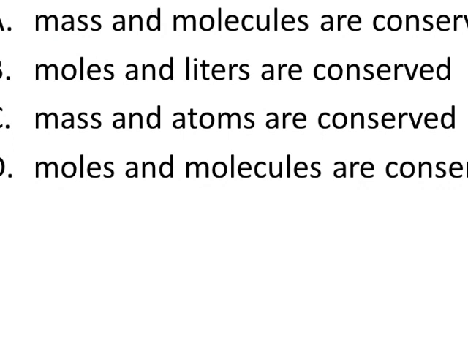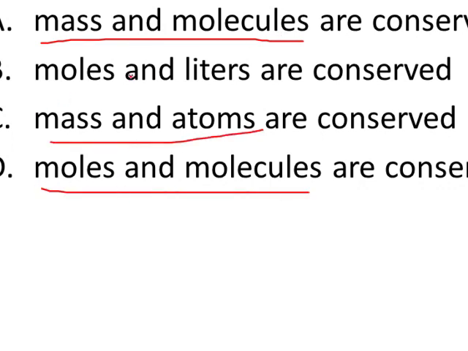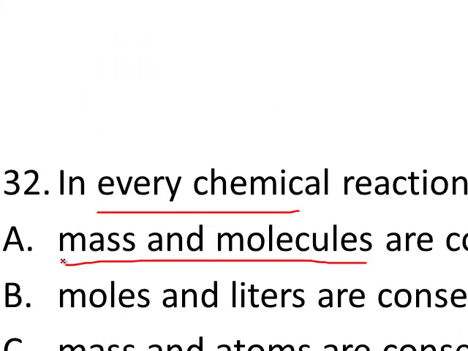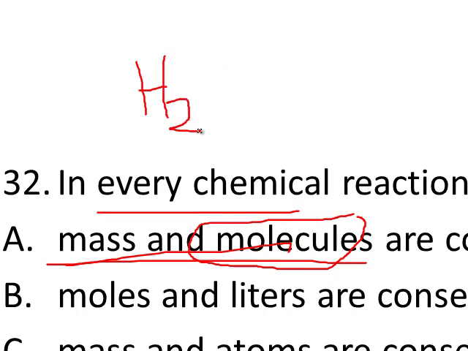In every chemical reaction, there are a lot of good answers here. They all look good, but it's kind of hard. I guess there are 2 concepts we're looking at in terms of what's conserved: mass and molecules. The reason molecules are not conserved is that sometimes we do a reaction such as H2 plus O2 gives us H2O.